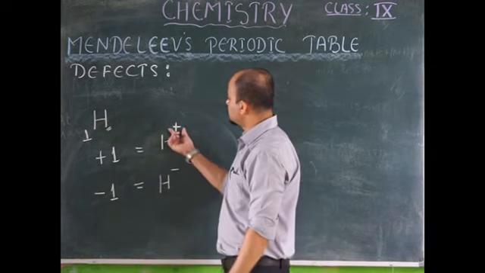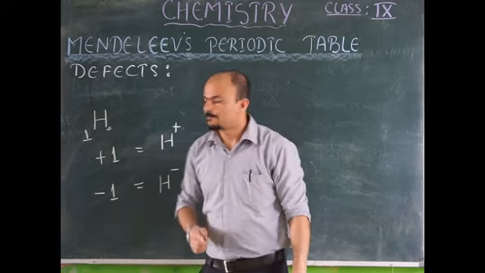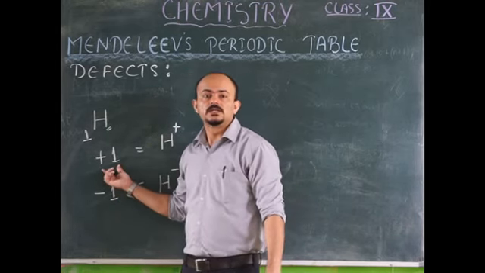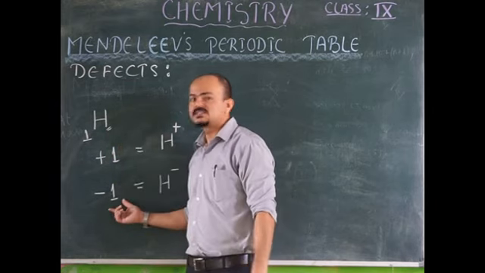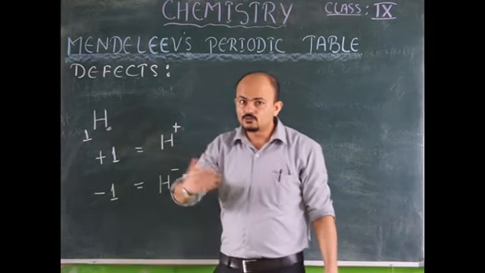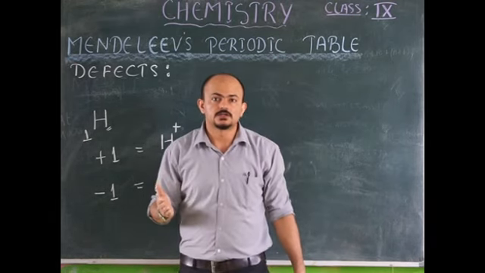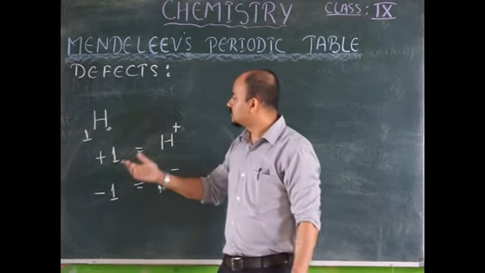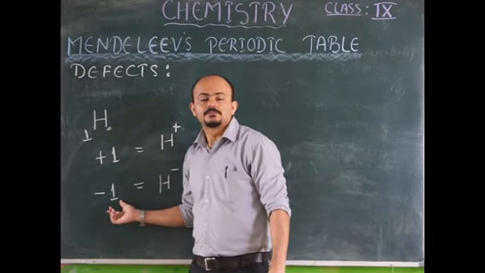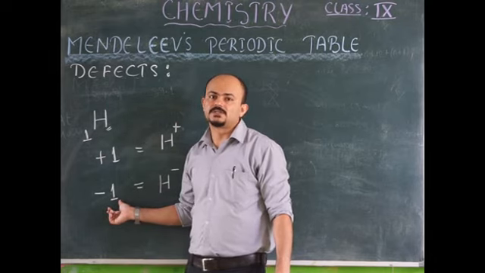Therefore, based on its valency, he was unable to place it. He was confused whether hydrogen should be placed in group 1, that is the alkali metals, or in the 17th group of today's modern periodic table. So he was not able to specify the position of hydrogen in the periodic table.